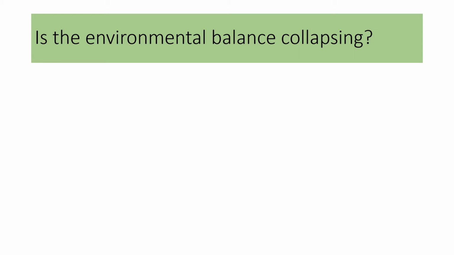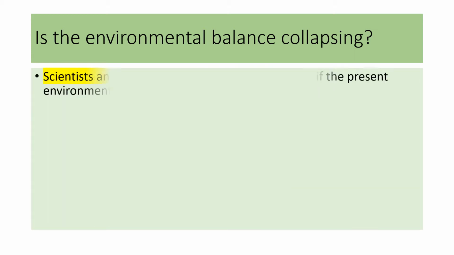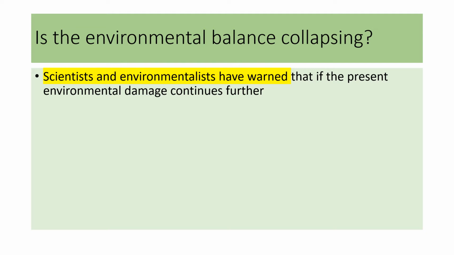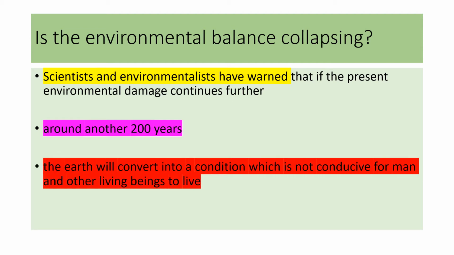Is the environmental balance collapsing? Yes. According to the scientists and environmentalists, they have warned us that if the present environmental damage continues further, in around another 200 years, the earth will convert into a condition which is not conducive, not good for man and other living beings to live.